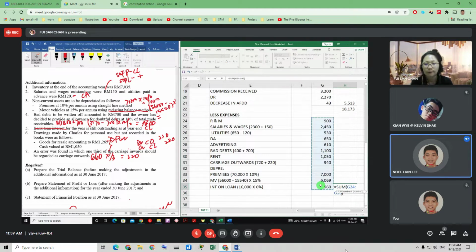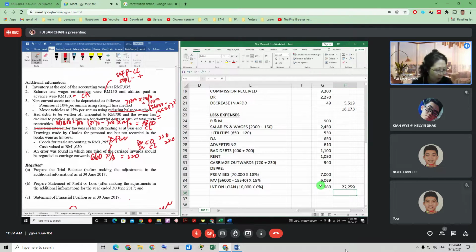Do we calculate interest once only? Yeah, this is the whole year interest already. So why do you ask once only? Because here it says interest for the year, the whole year interest still outstanding, and this 6% refers to one year interest.